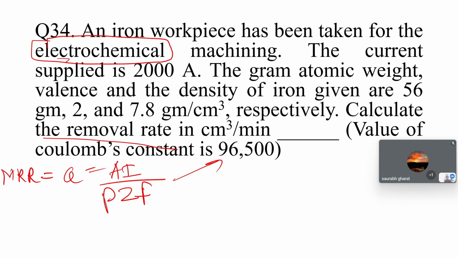So simply you can put the points here, like you have A here, amperes. You have this I, that is A, this 2 and this 7.8, and you put these things here and you can get the answer.